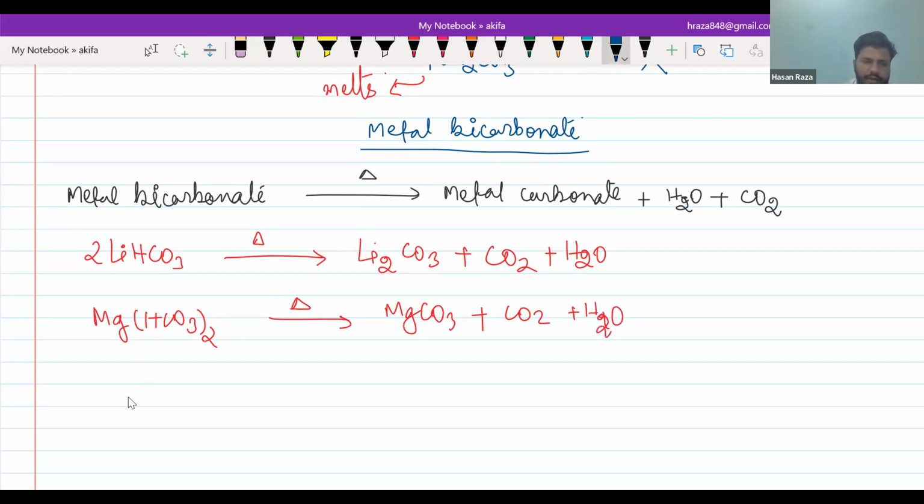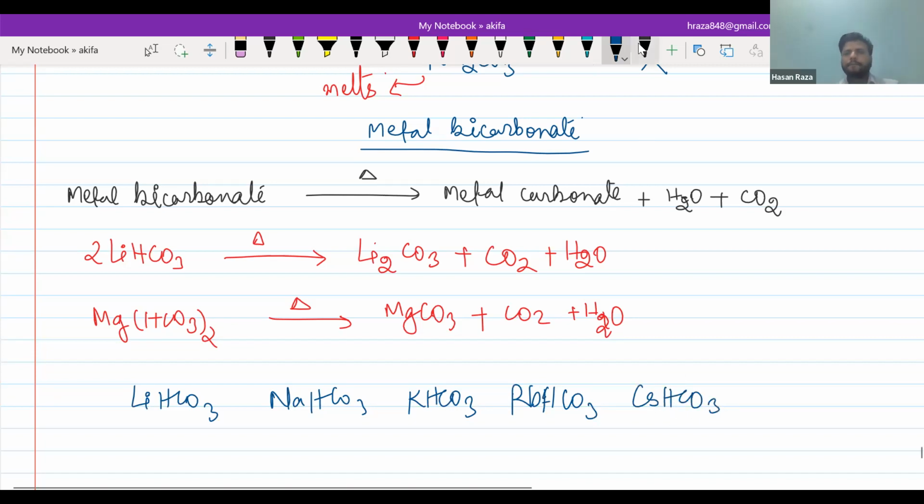The question that arises here is, arrange in increasing order of thermal stability. Can you arrange it?